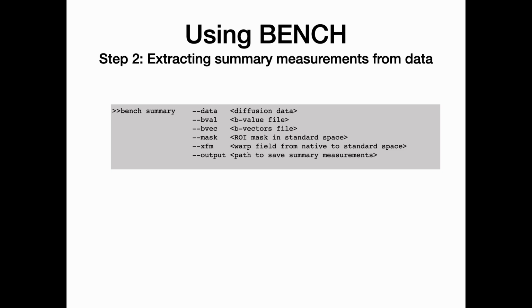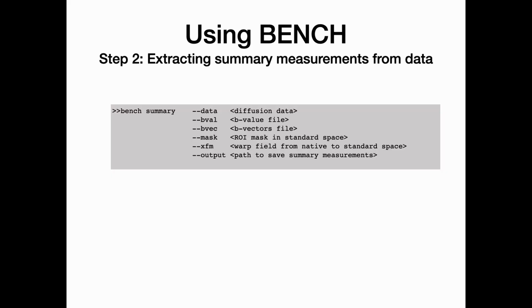Running bench directly on the raw diffusion signals has 2 main problems. The data is high-dimensional and strongly correlated, and it is sensitive to fiber orientation, which is not directly relevant to the microstructure. To overcome this, we extract summary measurements that are orientation invariant and capture the diffusion signal in a lower dimensional space.